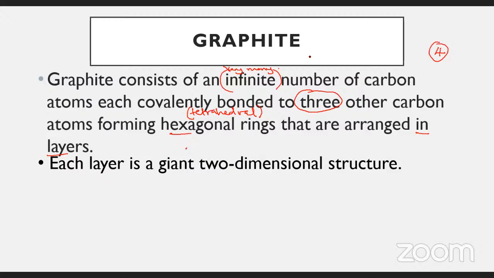Thank you. We are now on point 2. What is the difference between that of diamond and this one of graphite? What did we say about the dimensional structure of diamond? You can tell us very fast. We said diamond has what?